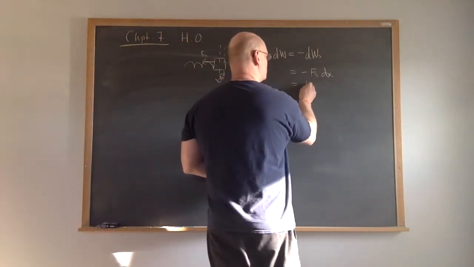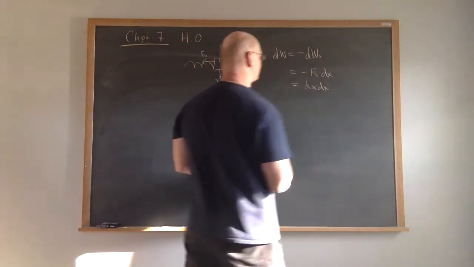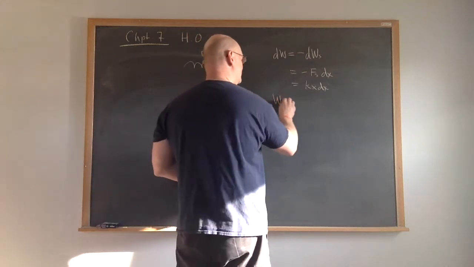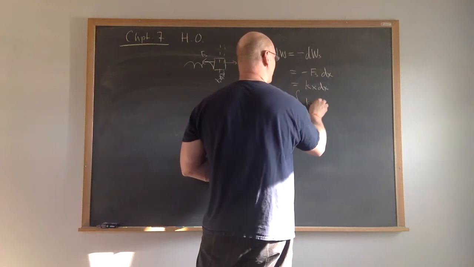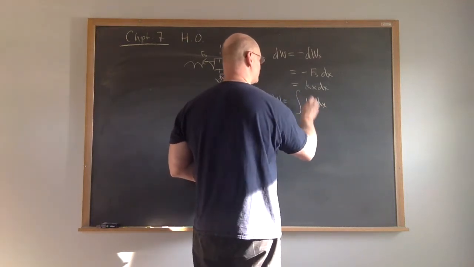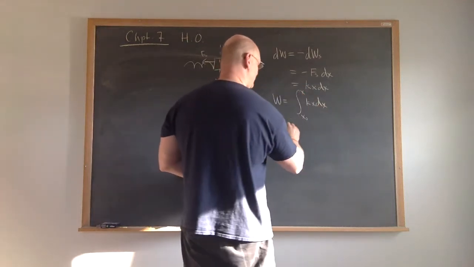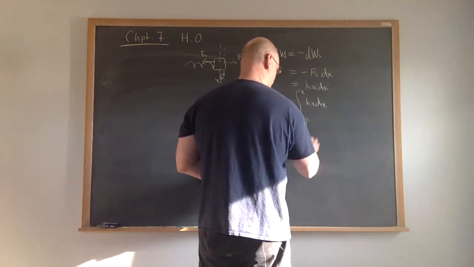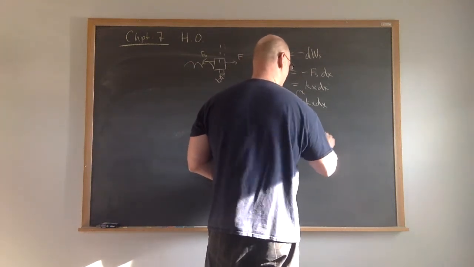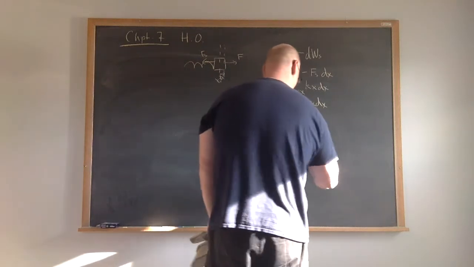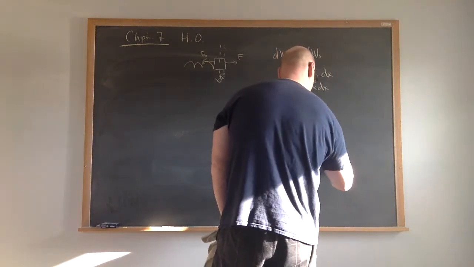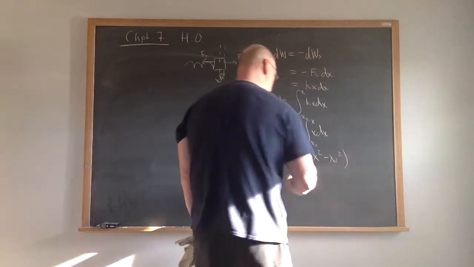So this is equal to k times x dx, which means the total amount of work is the integral of k times x dx from some initial position to some final position. This is the same as k times the integral of x dx, initial to final, which is k times x squared minus x initial squared, all divided by 2.